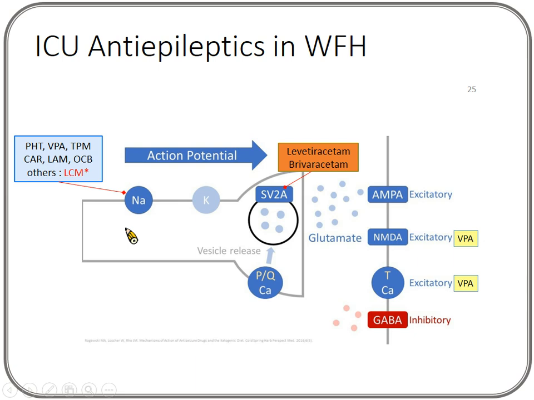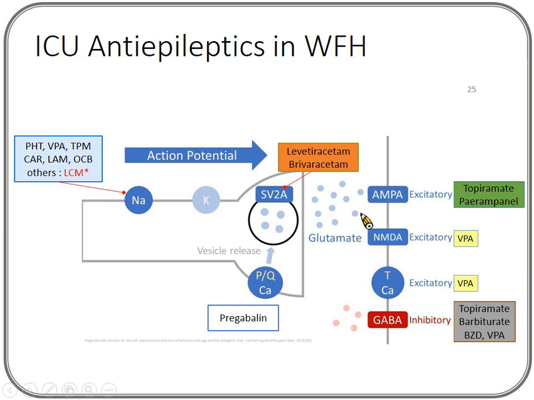Levetiracetam and brivaracetam are the only available drugs that bind to SV2A, which might have a role in neurotransmitter release. Last but not least, pregabalin controls calcium through the P/Q channel, and topiramate and perampanel control the AMPA channel.